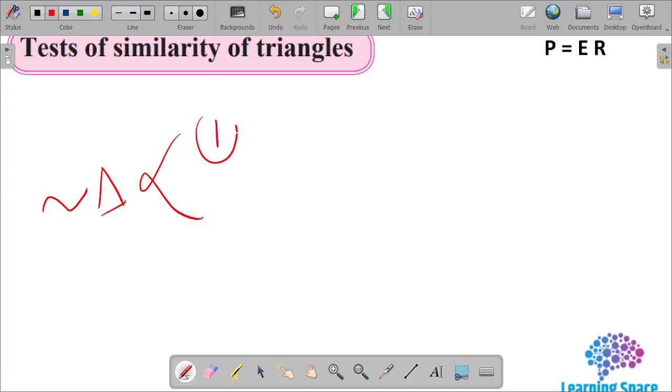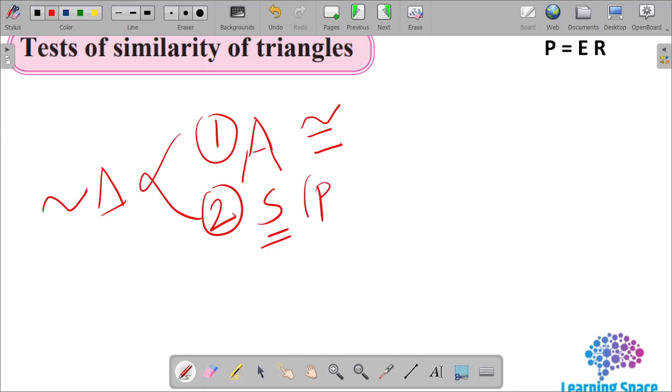So first property is with respect to angles, and second is with respect to sides. What about angles in similar triangles? The corresponding angles are equal or congruent, and second property is with respect to sides. In similar triangles, the corresponding sides are in proportion, and I say pair.